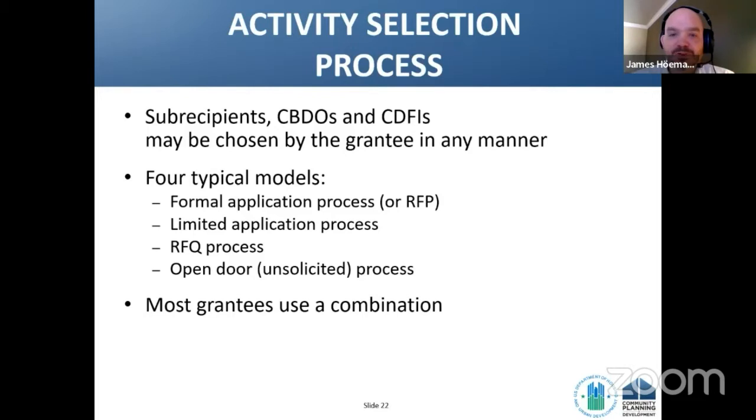Most of our larger grantees are kind of using a combination of that. And I would say on the CDBG-CV side, we are seeing a combination of methods that are put into place with receiving applications. In particular, it's because you have a 6-year window to implement your program.